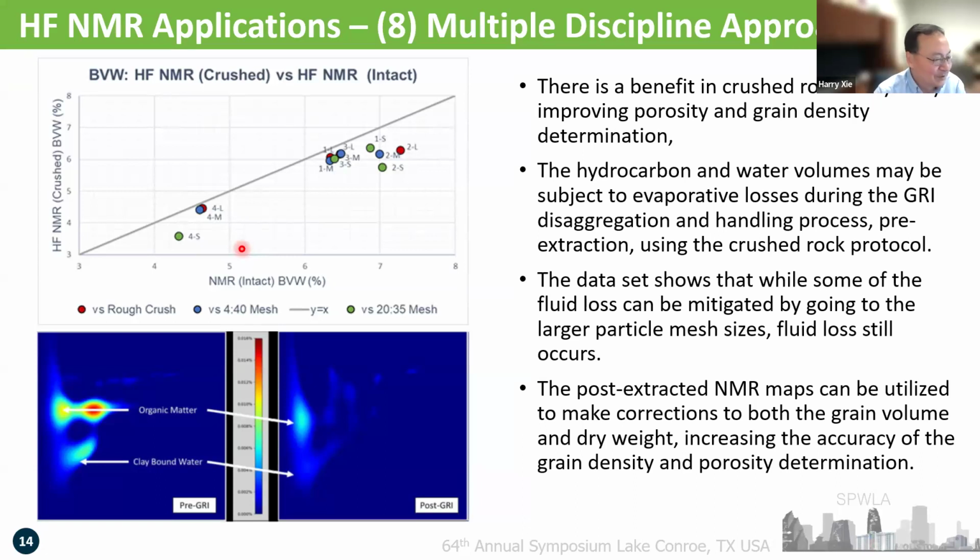If you want to do an NMR measurement, basically you don't need to crush, because NMR can measure any sample in any shape, any color. The reason for crushing is that we want to compare with the GRI or another so-called crushing method. Okay. Thank you.